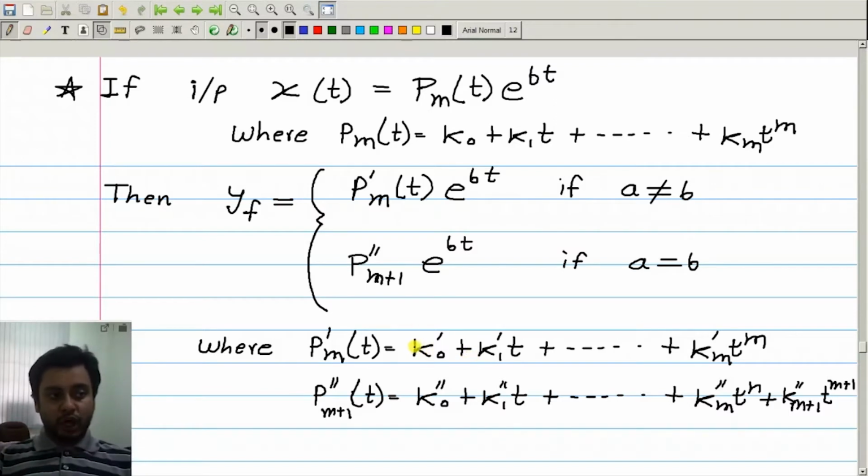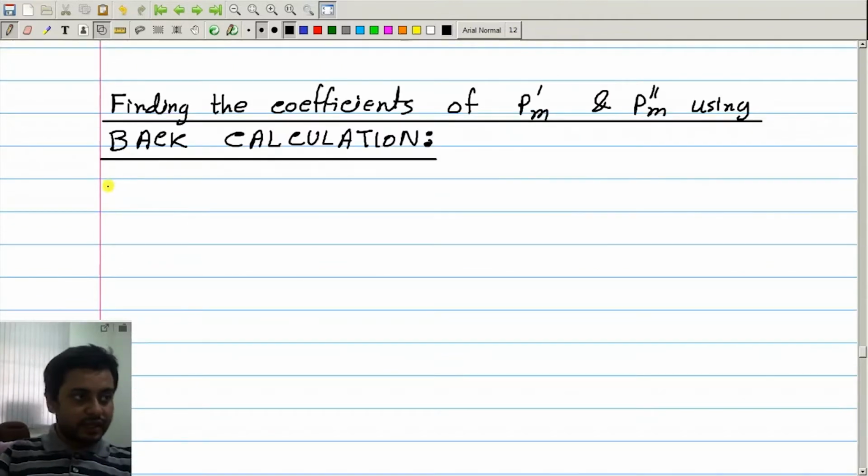Okay, because we could have done that in the way we did yesterday, but that will be a slightly difficult process. Instead, we will always find these coefficients using back calculation. Okay, how, we shall see now. Let us learn this with an example.